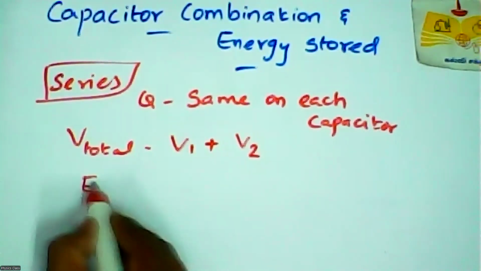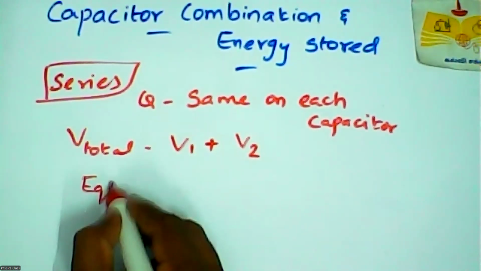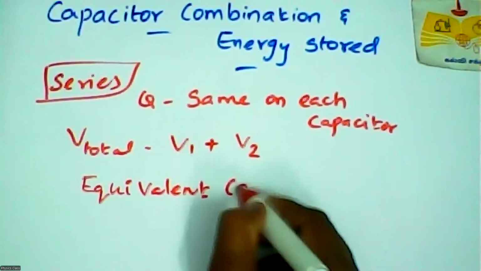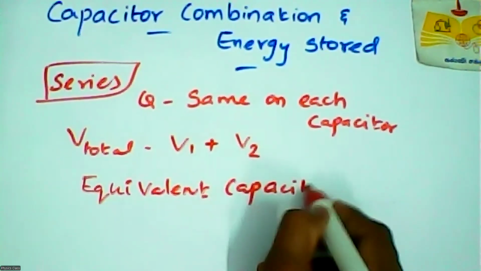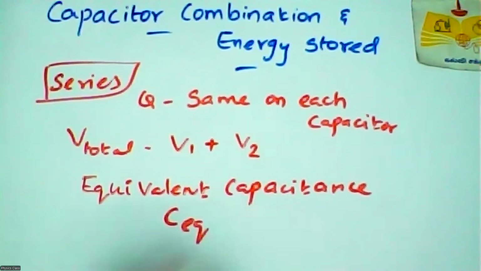To find the equivalent capacitance, that means C eq, we use the reciprocal formula.